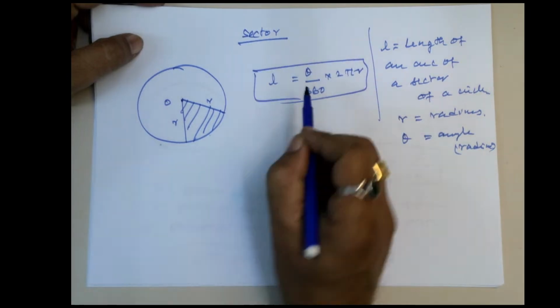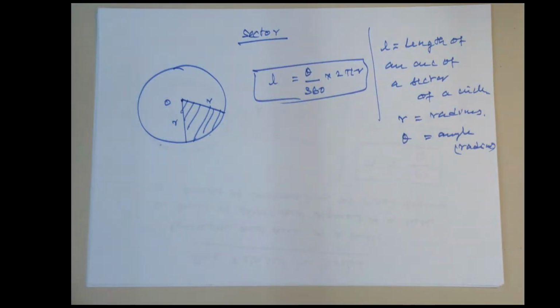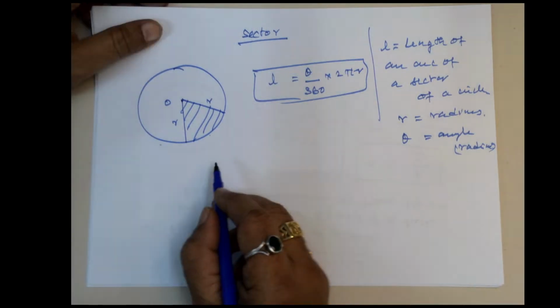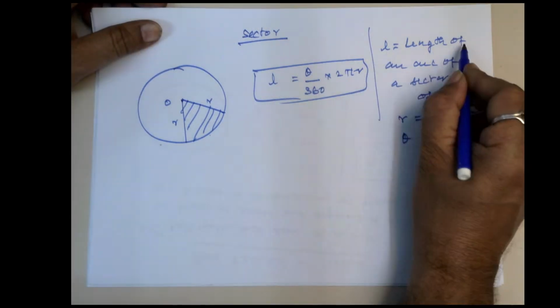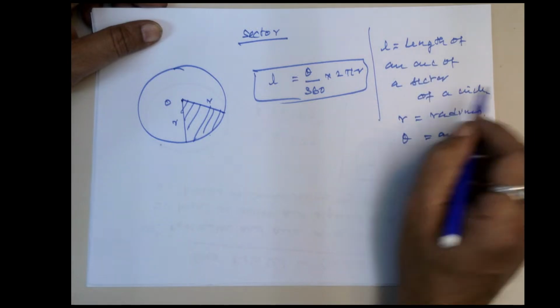This is the formula for the length of an arc of a sector of a circle.